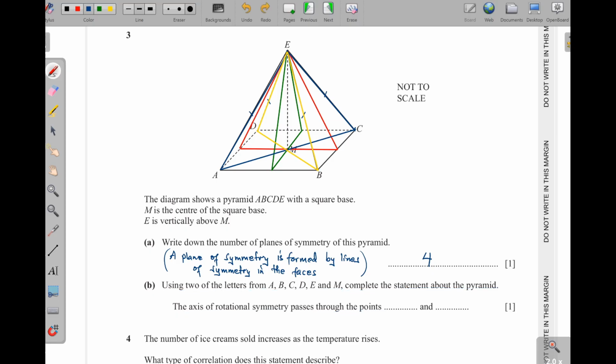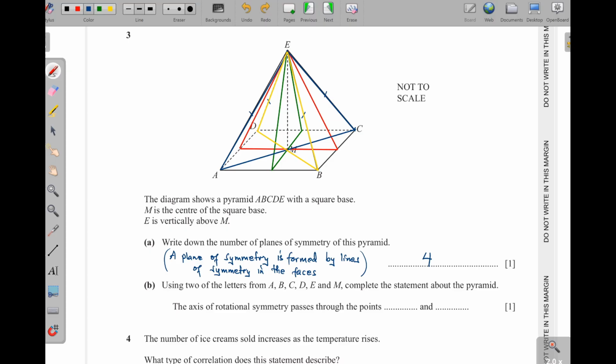Rotational symmetry, you are going to rotate this one all around. Now, you will hold here. You will hold here. As simple as that. And then you can rotate this one all through. It has to be E and M, that vertical line here. That cuts this one into like that axis has to pass through.